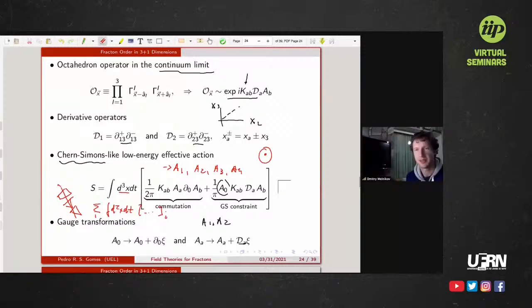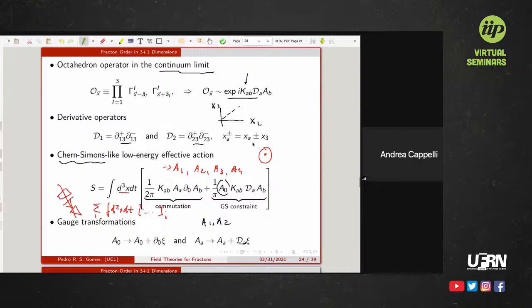Okay, thank you. If there are no space indices, this is like Chern-Simons theory in 0+1 dimensions, which is called Chern-Simons quantum mechanics. That is exactly the Hilbert space of these solitonic modes on the torus. So it's like having a product of Chern-Simons theories on a two-dimensional torus, but then this is reproduced many times in the orthogonal direction.